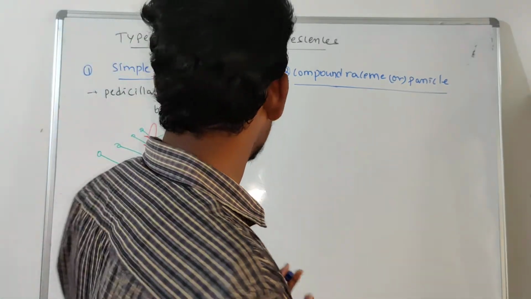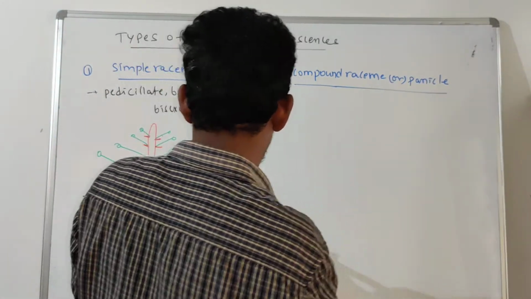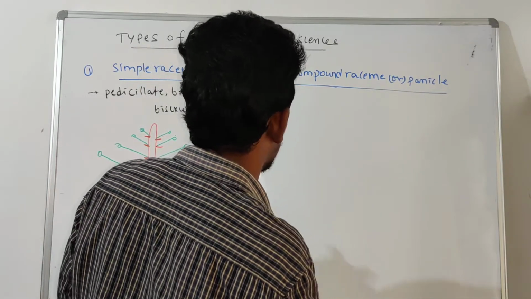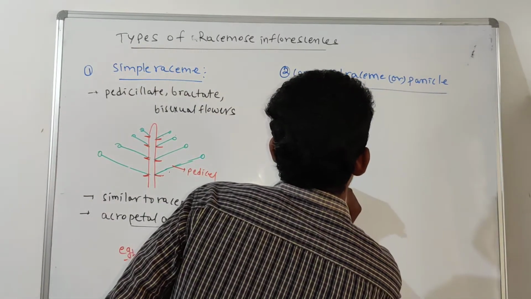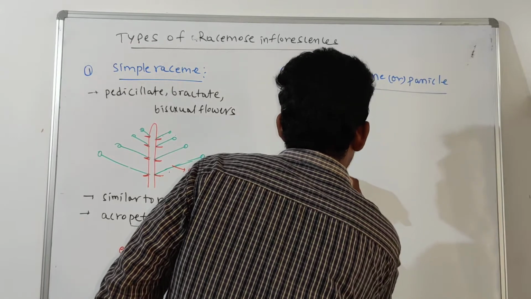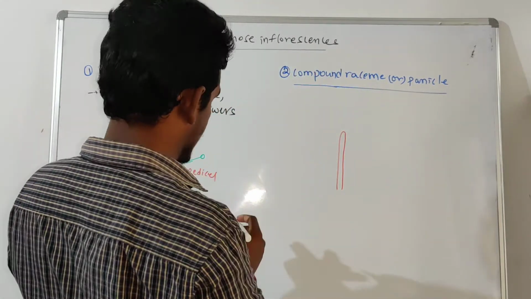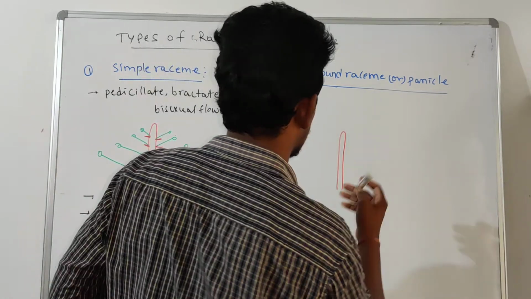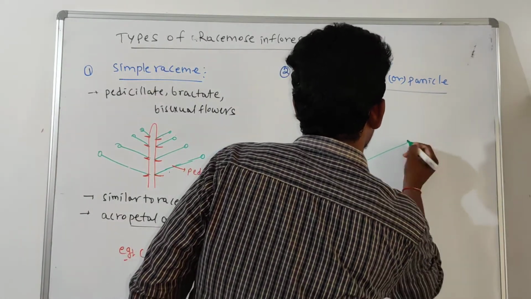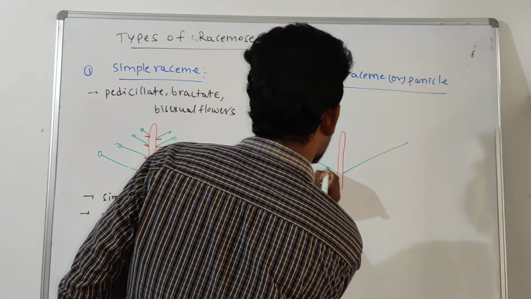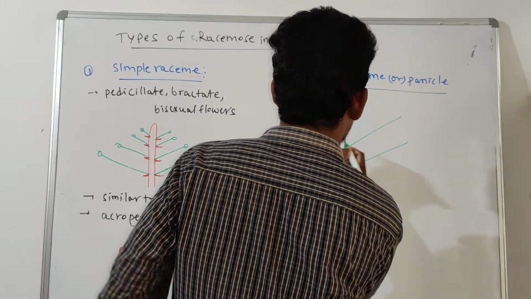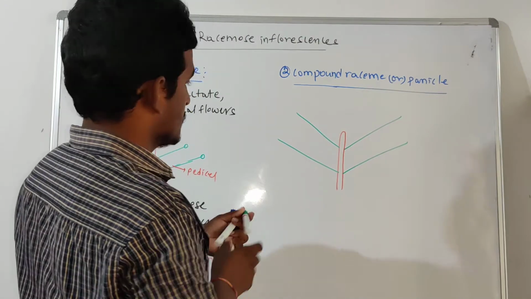So how is it looking? See, it is a peduncle, and here it produces branches. Right?